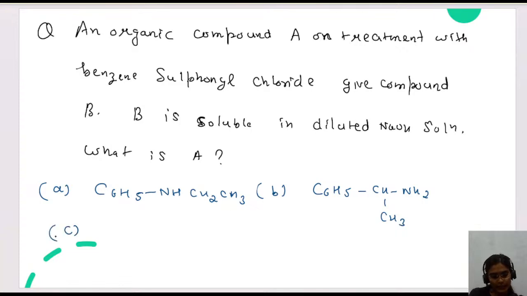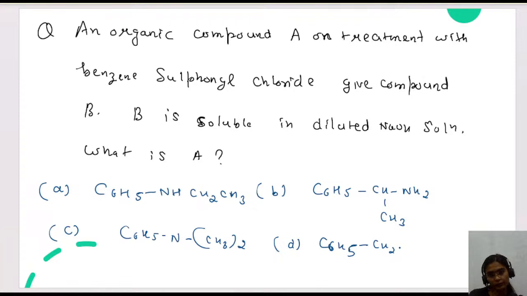Option C: C6H5, nitrogen, CH3 twice. And option D: C6H5, CH2, nitrogen and CH3.